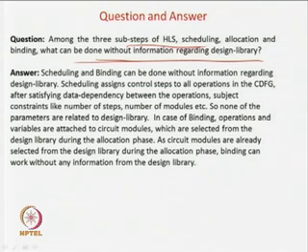We have already seen that in scheduling we give different time steps to different operations, and in binding we have different hardware modules where we physically bind which operations are to be done in what. So, these 2 are basically general steps, but in allocation we actually look at the design library and see what the time steps are.